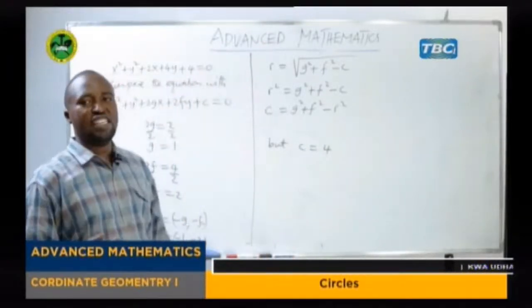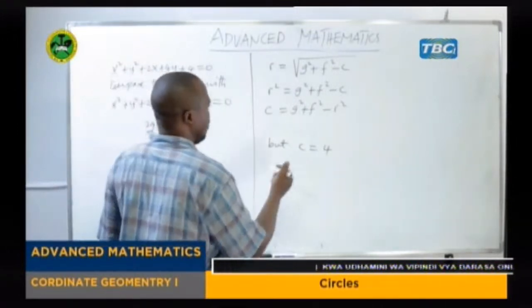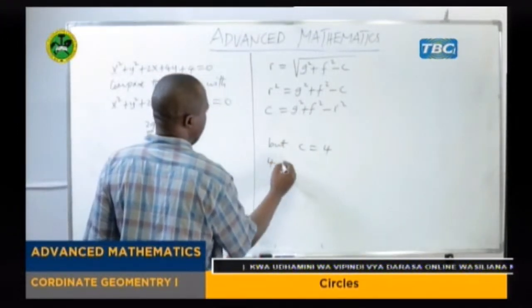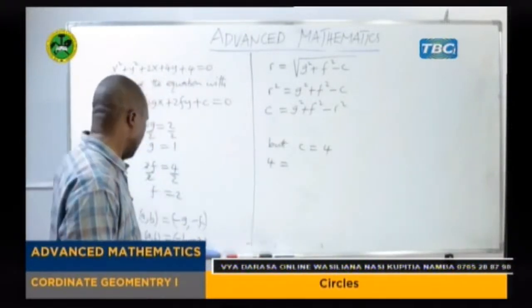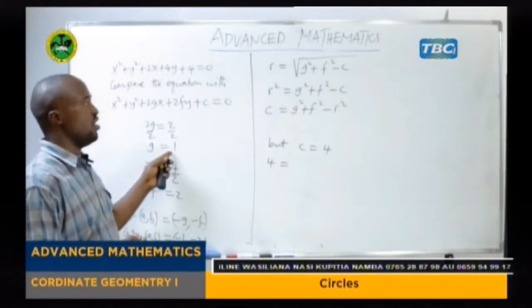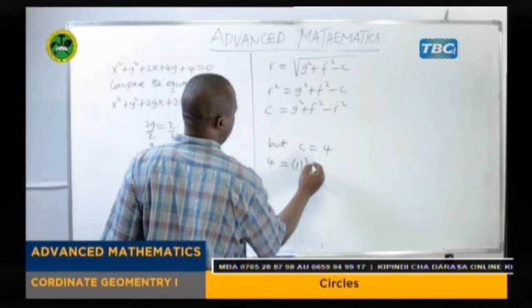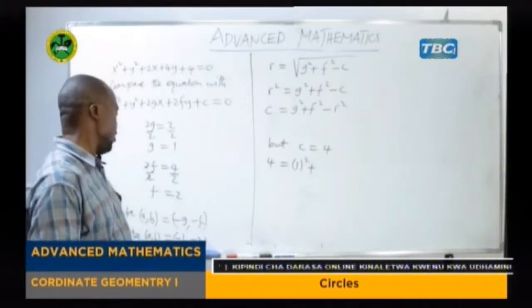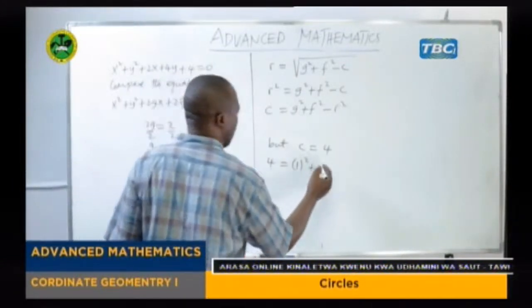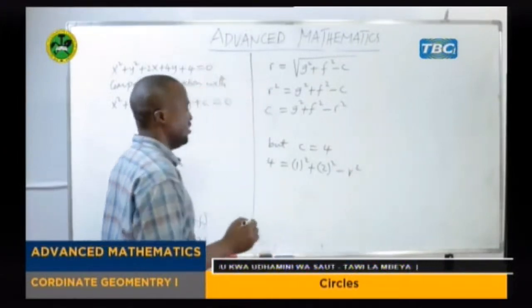Now it is possible to find the radius of the circle. We have 4 is equal to, remember the value of g, g is equal to 1, so 1 squared plus f squared, that is 2 squared, minus r squared.